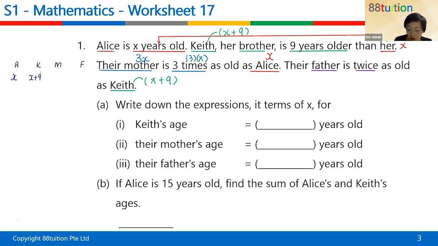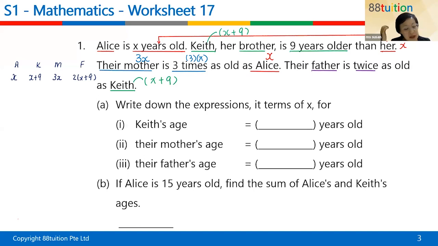Their mom is 3 times of X, because 3 times of Alice. And the father is twice as old as Keith. So Keith will have X plus 9, so what you can do is multiply the algebra by 2.